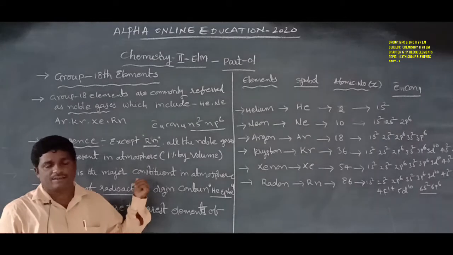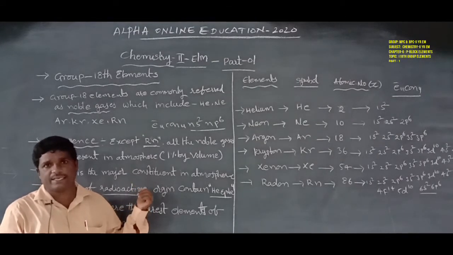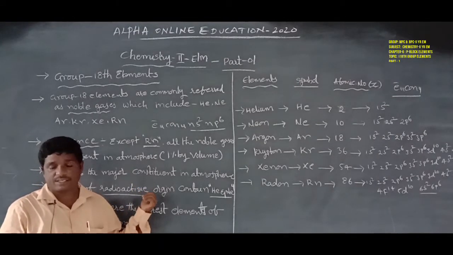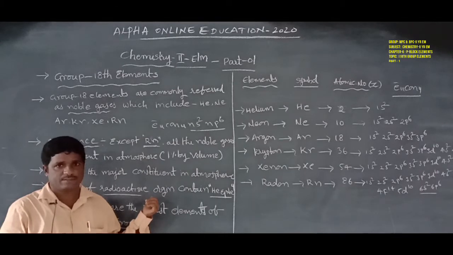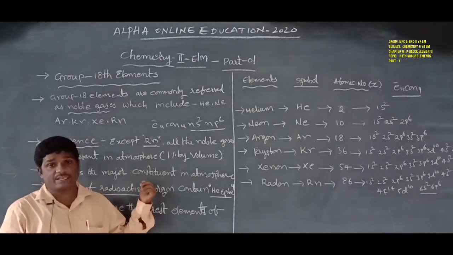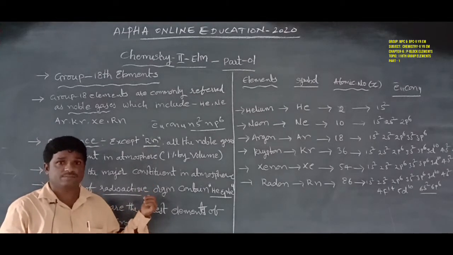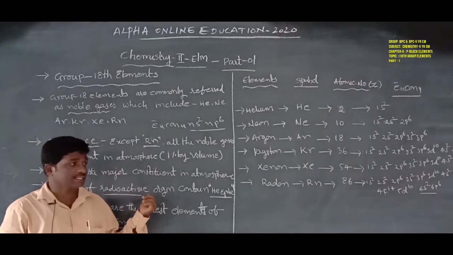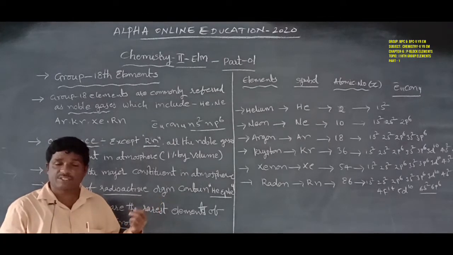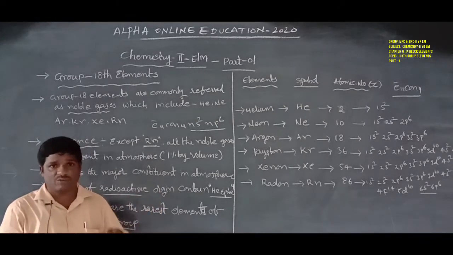Noble gas compounds were first isolated by Bartlett at Columbia University. The scientist Bartlett isolated a xenon compound. Xenon reacts with fluorine and oxygen, giving xenon oxides and xenon fluorides.